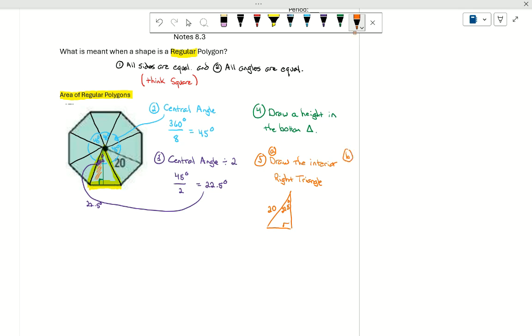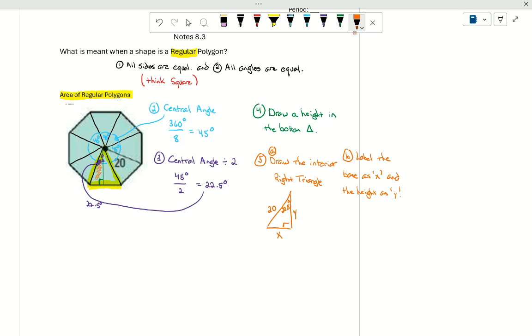5B is going to be label the base as X. So the base of this right triangle you're going to label as X, and the height as Y. So in that interior right triangle, you're going to label the base and the height.